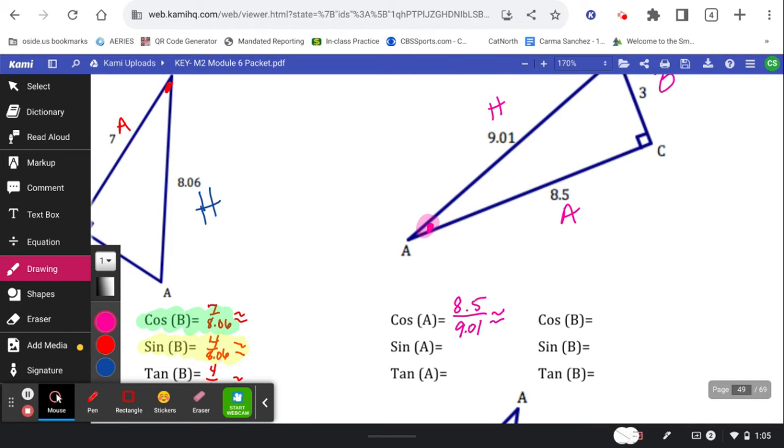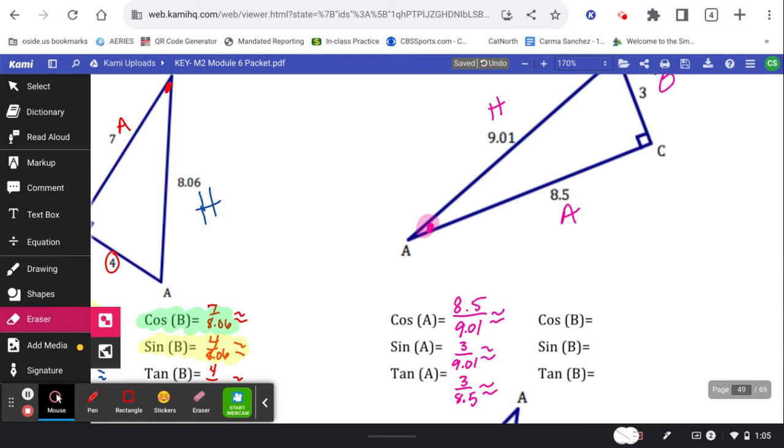Get me that decimal. Sine of A is going to be opposite over hypotenuse. And tangent of A is opposite over adjacent. Get me all three of those decimals.